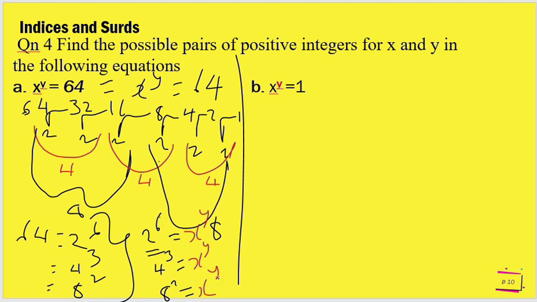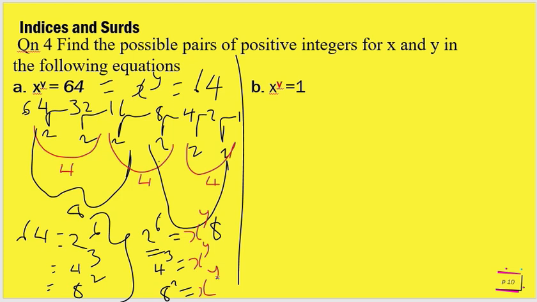Hope you have understood what we have done very well. After we have split this 64 into prime numbers, we have seen how we can also get the 4 and also get the 8.